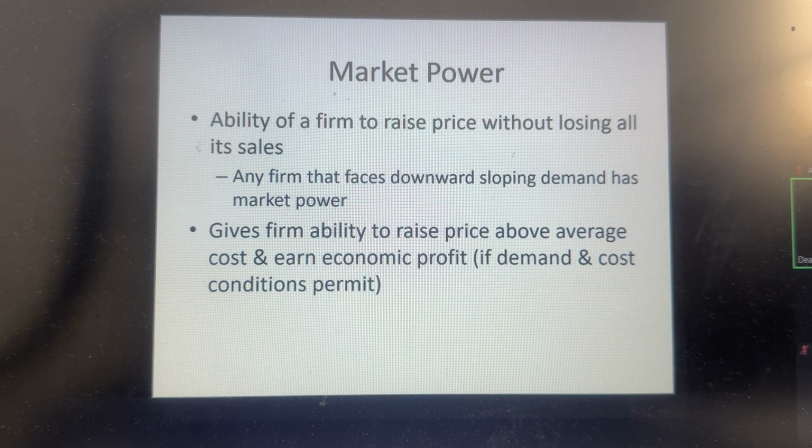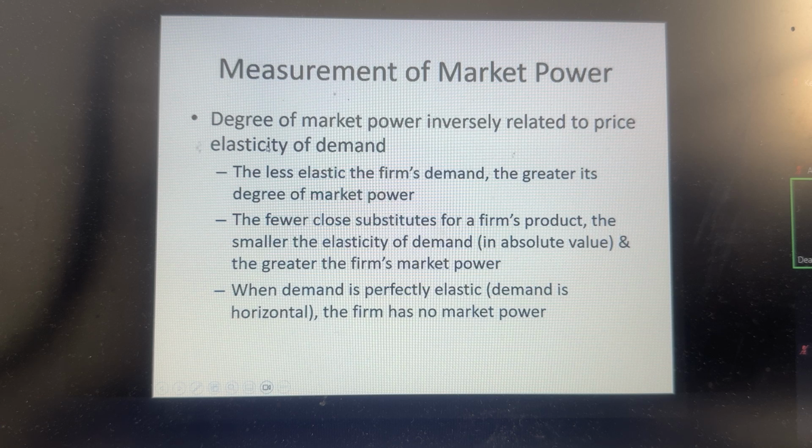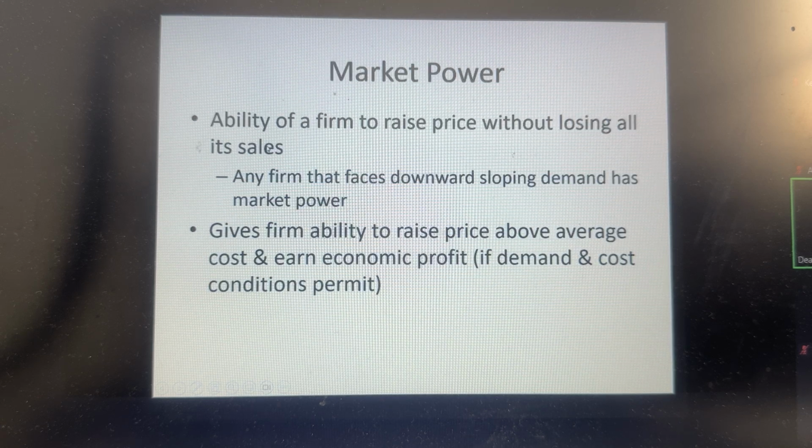So I told you about the market power that monopoly firms enjoy. Market power is the ability of the firm to raise the price without losing all its sales. If I ask you to define market power in the examination, this is the answer you need to write: ability of a firm to raise price without losing all its sales.